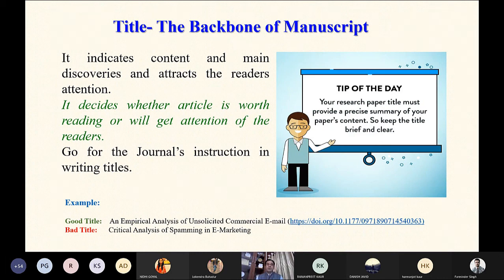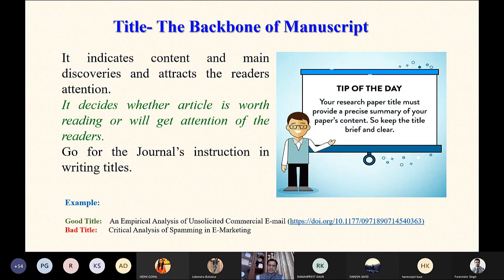Normally we do not bother about them. We decide the title based on our experience, and our psychology is that whatever title we decide is okay, so we do not bother about the journal's guidelines regarding the title.